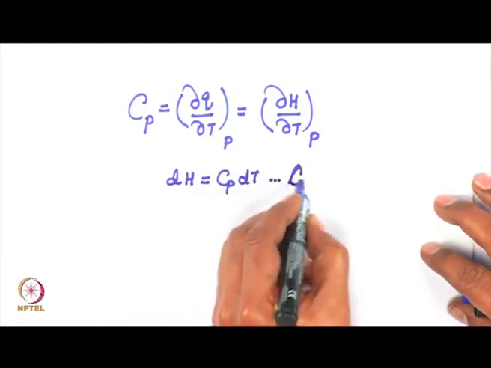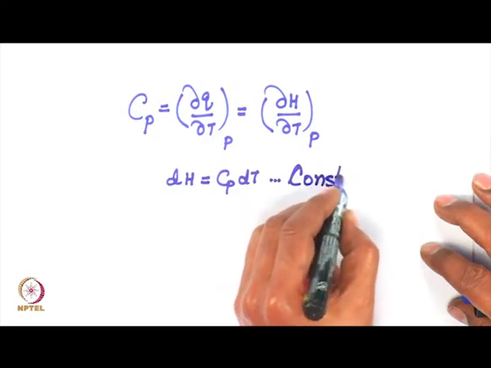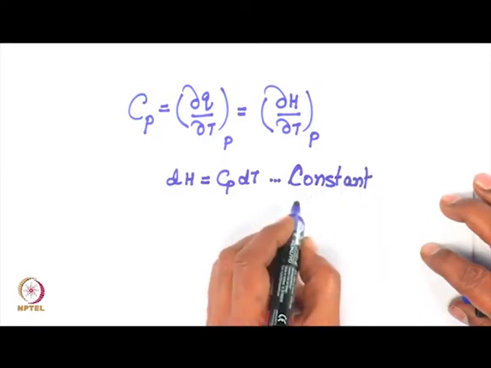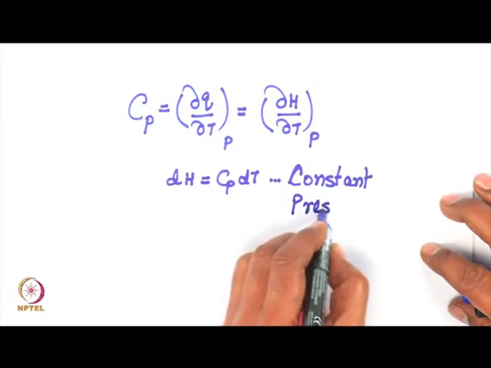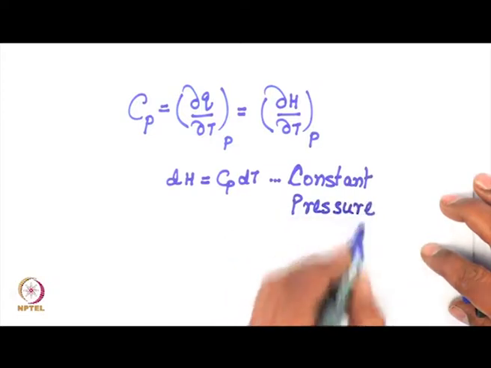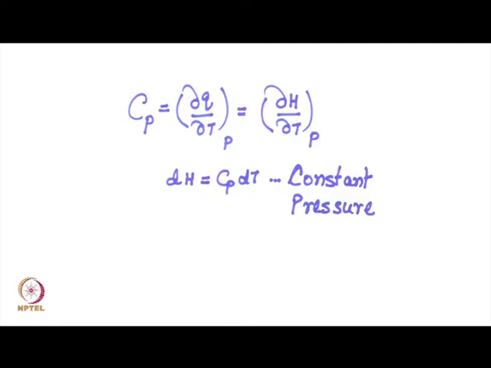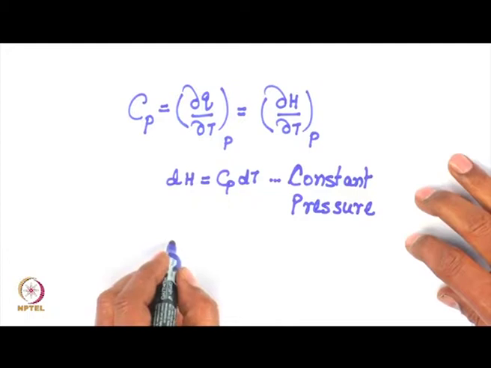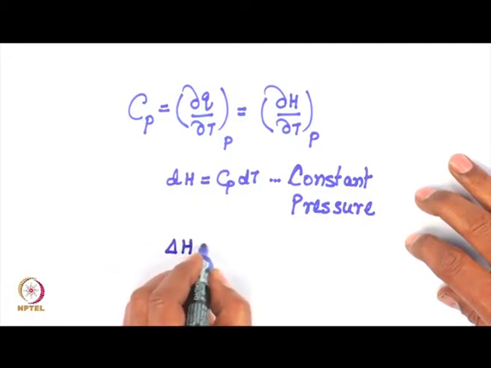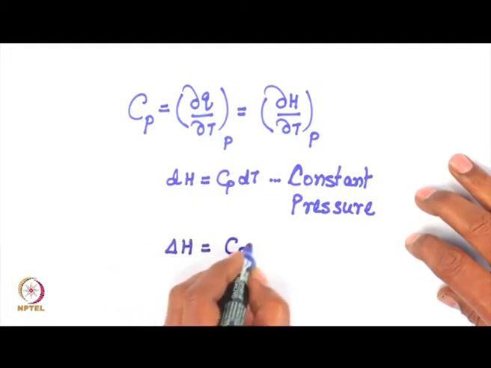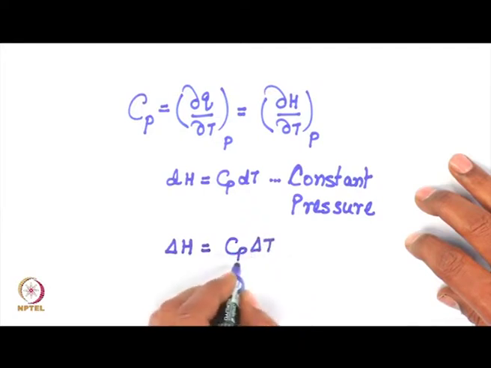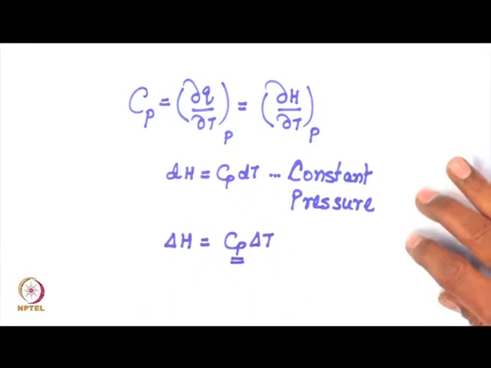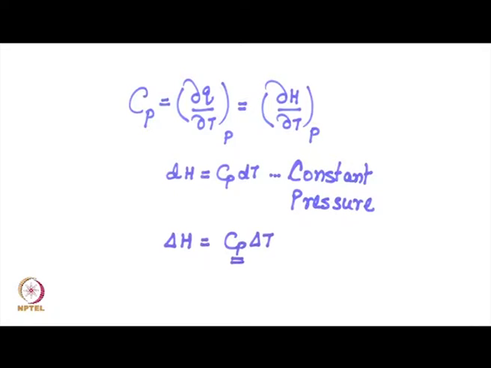Again, at constant pressure. And for a finite change, delta H is equal to Cp times delta T if Cp is not depending upon temperature, otherwise the temperature dependence has to be accounted for, we will discuss later.